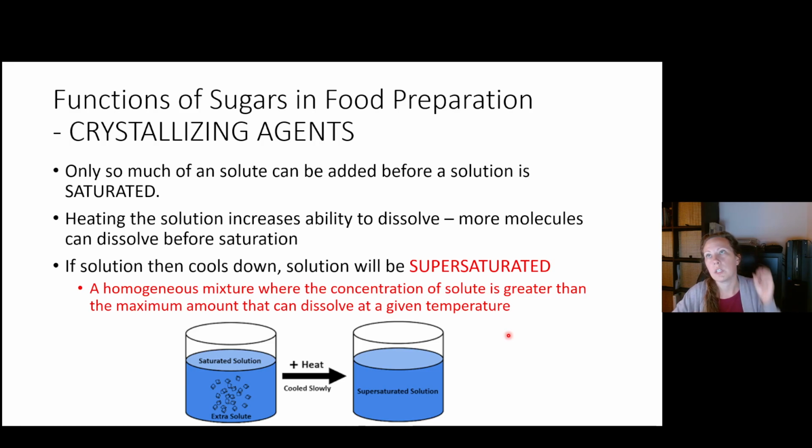And different molecules, when they're supersaturated, are more or less stable than others. So, for example, salt.